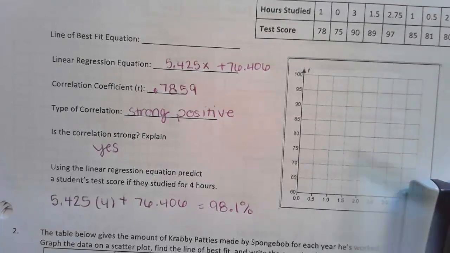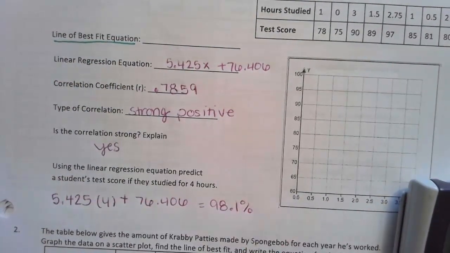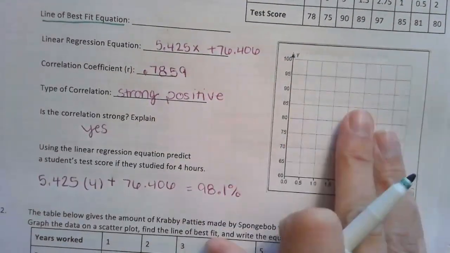Now, line of best fit means drawing by hand. We draw by hand by plotting our points in a scatter plot.